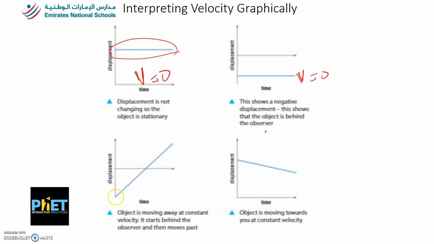Here I have a line that's going up, increasing, so I have a change in position. Since we have a change in position, the velocity here is positive, and it's a constant value, meaning the same value, it doesn't change. Same speed all the time. If it's moving down, the object is moving towards you, and it's the same constant speed, but this time it will be negative.